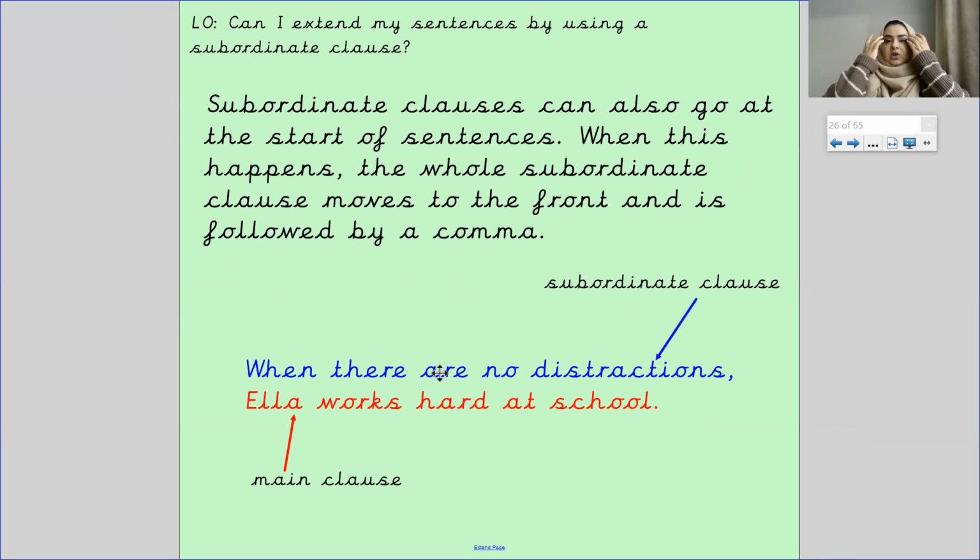So when you use a subordinate clause at the beginning of your sentence, you need to make sure that you've used a comma after it. If you look here, I've got a comma after my subordinate clause, and then it goes on to my main clause. So, when there are no distractions, comma, Ella works hard at school.